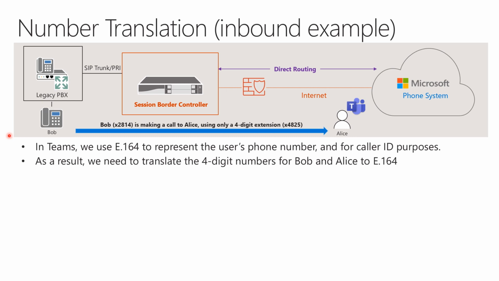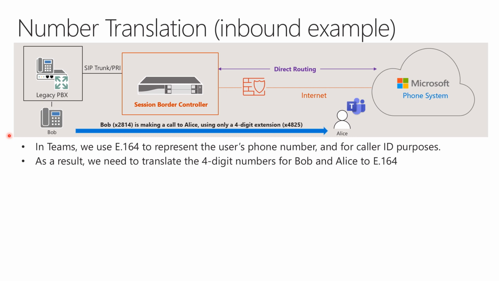Likewise, when Bob makes the call, his caller ID should be reflected as E.164 as well, so that Alice will have proper name resolution, or what we call reverse number lookup, and she'll actually see that it's Bob calling and not just extension 2814. Well, in this instance, the legacy PBX is using 4-digit dialing, and Teams is using E.164, so we're going to need to translate the 4-digit numbers from Bob and Alice to E.164.